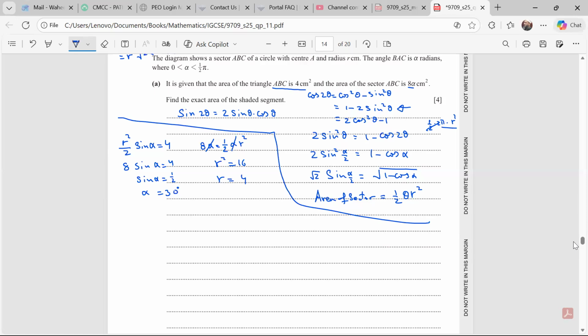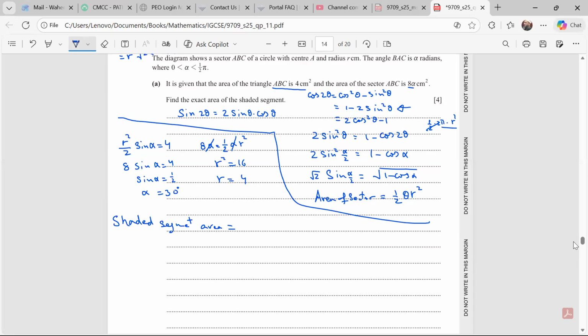If I have alpha equal to 30 degrees and r is 4 centimeters, then the area of the triangle would be 4 and area of the sector would be 8 alpha, right? Now I'm ready to find the area of the shaded segment. I have to do the area of this whole sector, which is 8 alpha.